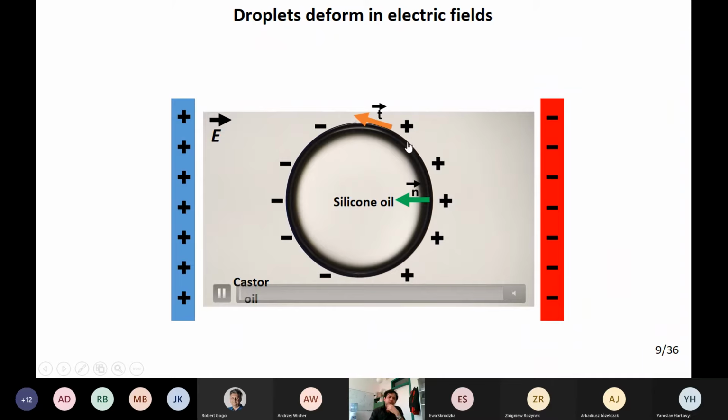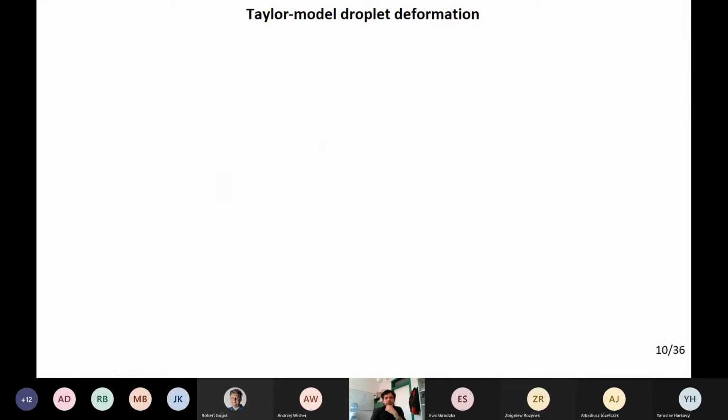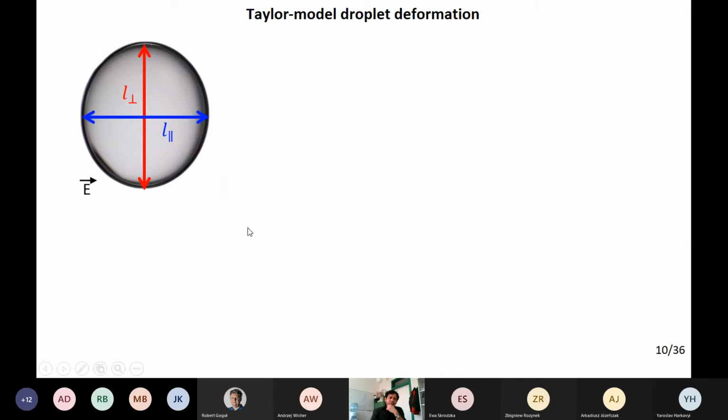Now, the question is how we calculate the magnitude of the droplet deformation. Here we use the Taylor model of droplet deformation. He has given an equation where we measure the minor axis, which is along the direction of the electric field, and the major axis, which is perpendicular to the direction of the electric field.